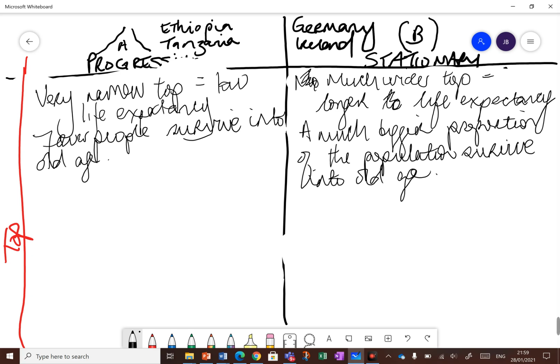Okay, now this can come down to a couple of things. One of them is healthcare. So lack of access to screening programs.